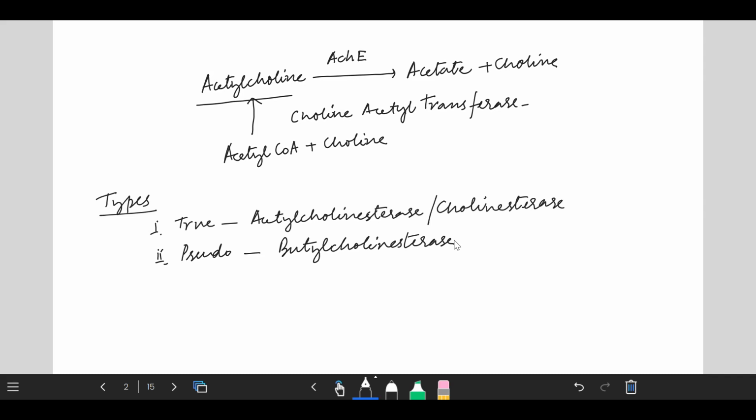Now, what are the types of anticholinesterase drugs or cholinesterase inhibitors? These are actually two types. First one is reversible and second one is irreversible.